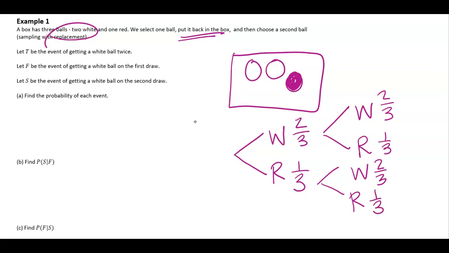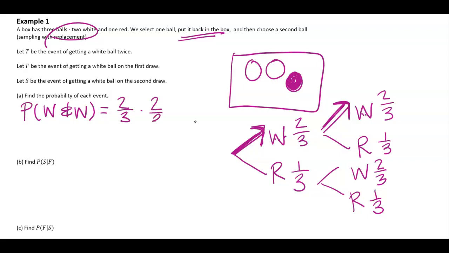All right, so if T is the probability of getting the white ball twice, well, then I have to go up this tree branch and then this tree branch. Again, since these are independent events, the probability of getting white and white, I can just multiply those two probabilities times each other.